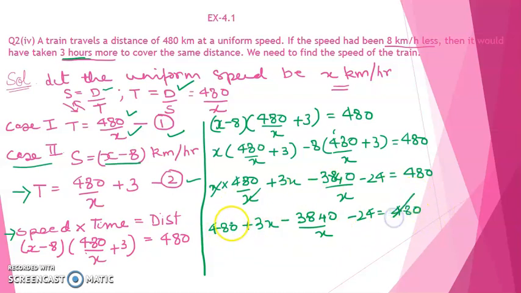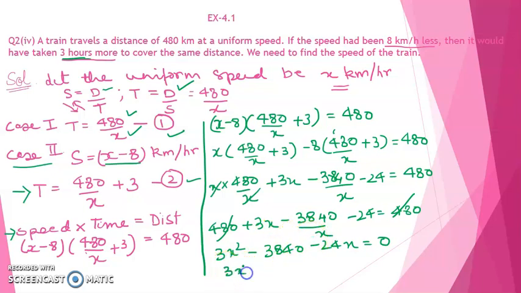Now I multiply by x. So I will get 3x square minus 3840 minus 24x is equal to 0. Are you following, students? I have multiplied by x. This is very basic and you should know this. So I can rewrite this equation as 3x square minus 24x minus 3840 is equal to 0.